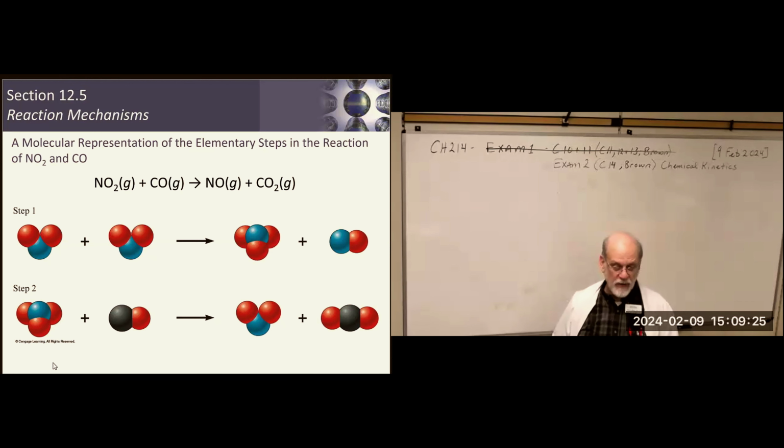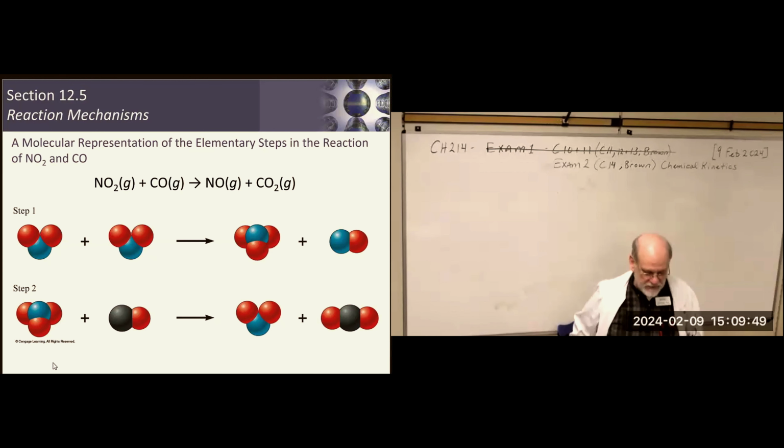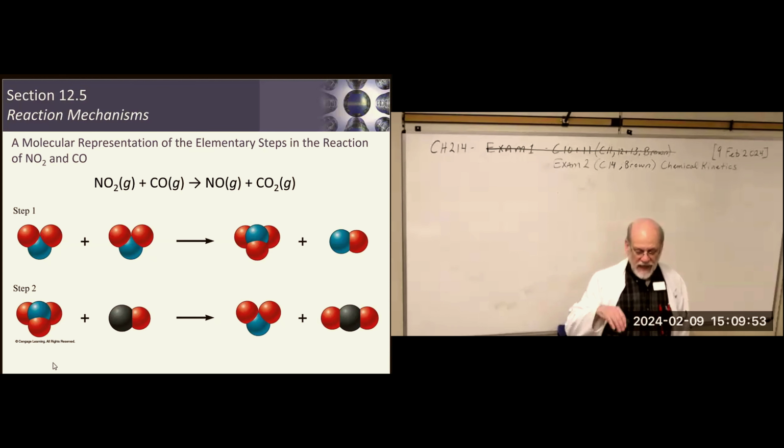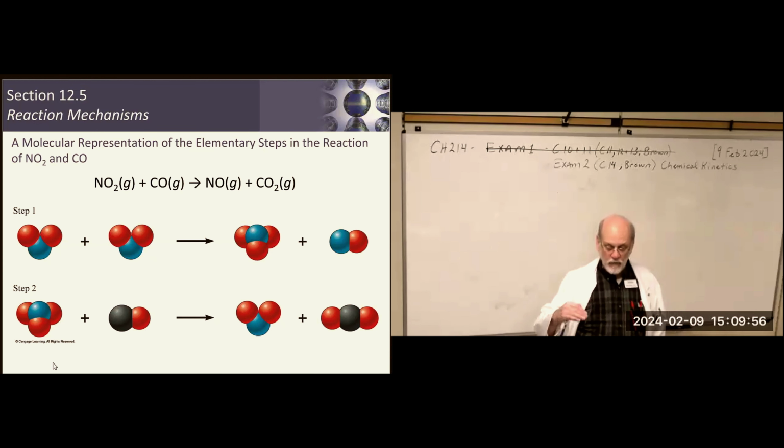Notice NO3 is not part of the overall reaction. It's an intermediate. So we take that NO3 now and react it with carbon monoxide. And the carbon monoxide regenerates an NO2 plus the carbon dioxide. One characteristic of these elementary steps is you have to be able to add them together and get the overall equation.